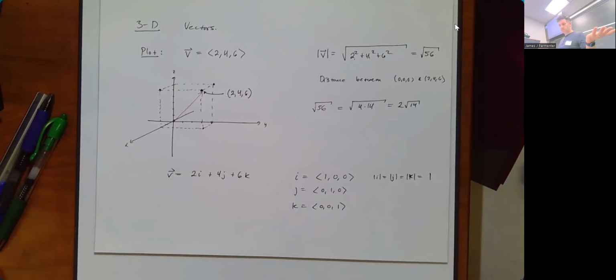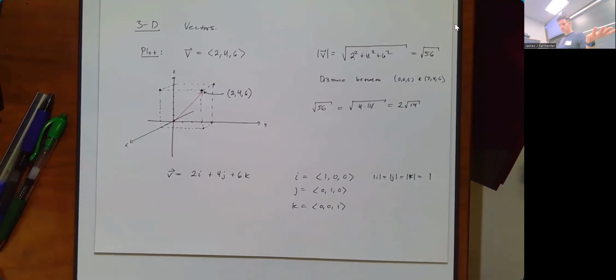Maybe not. Sure. Let's find the unit vector in the same direction as v. Sorry, v, pardon me. It's the same process as it was before. You're still just taking your original vector, dividing it by its own magnitude. So that's going to be v divided by the magnitude of v.